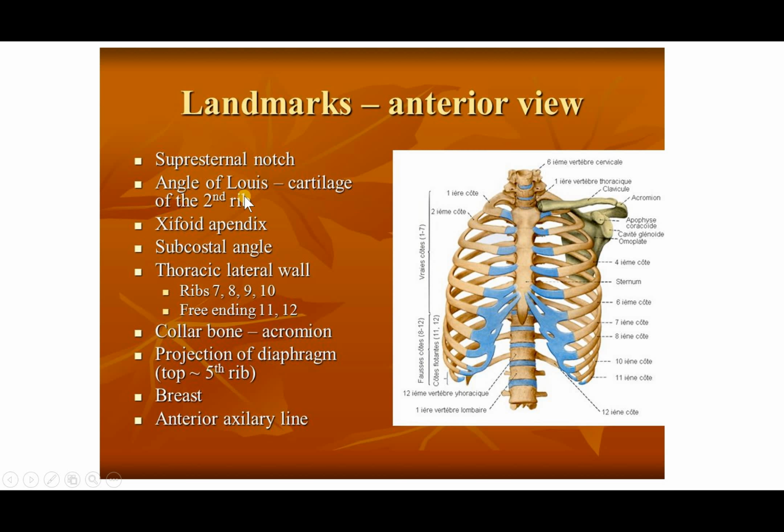Okay, we've gone over some of this. Now, with the sternal angle, it's also known as the angle of Louis, so do know the AKA. That angle of Louis is where the cartilage of the second rib comes in. Okay, we looked at a picture of it earlier, but now add the words angle of Louis.